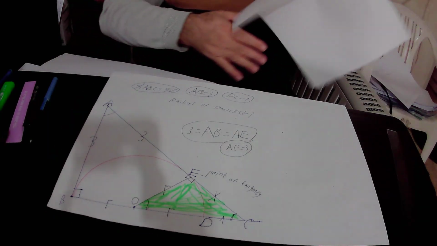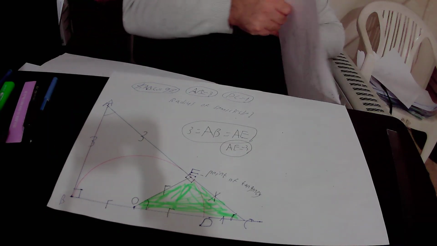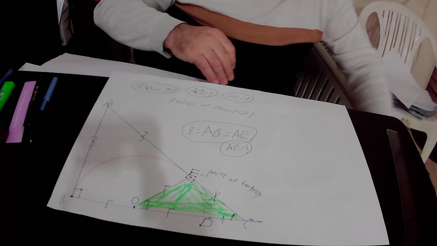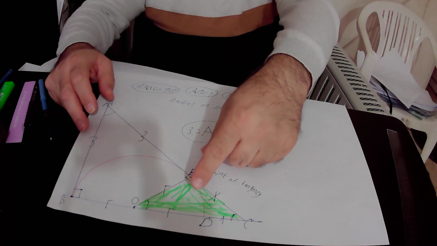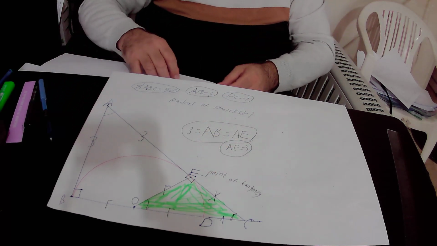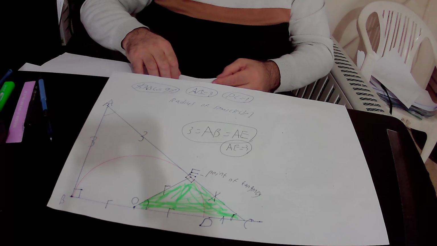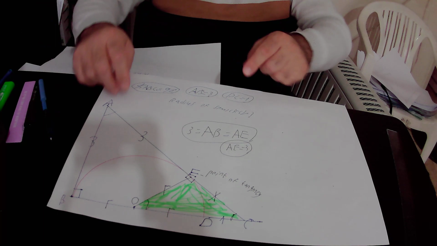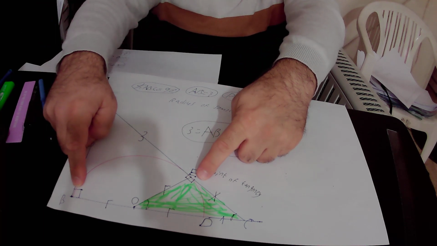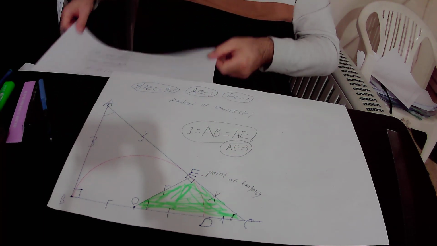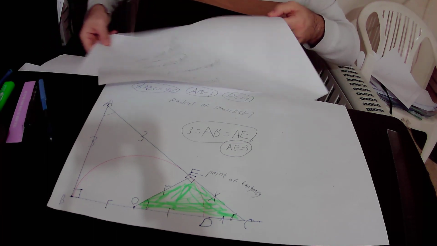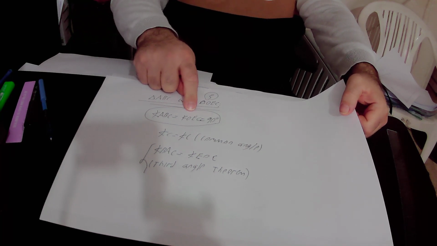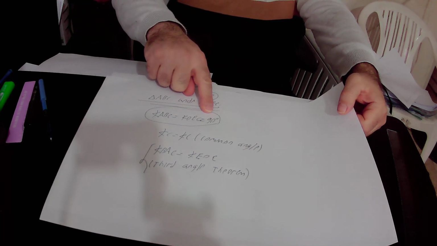Then we focused on the right triangle ABC and on the green triangle OEC, and we actually proved that those two triangles are similar to each other. Why? Because, first of all, those two angles are equal to each other. They are both right angles. So angle ABC equals angle OEC equals 90 degrees.